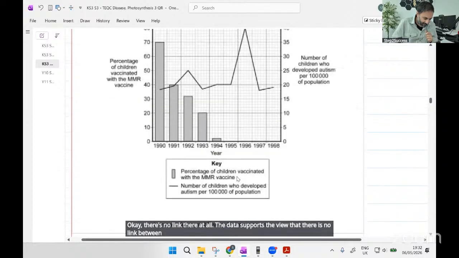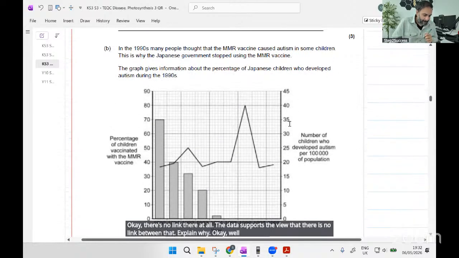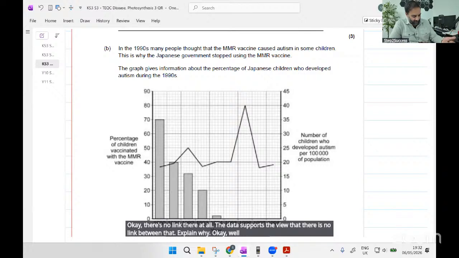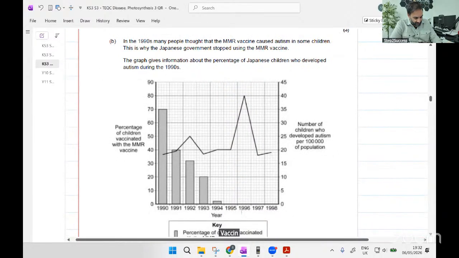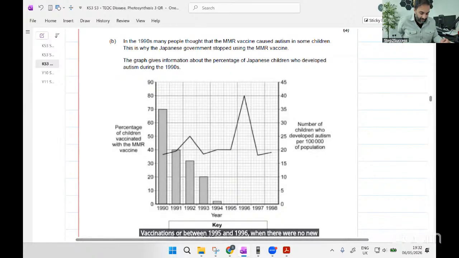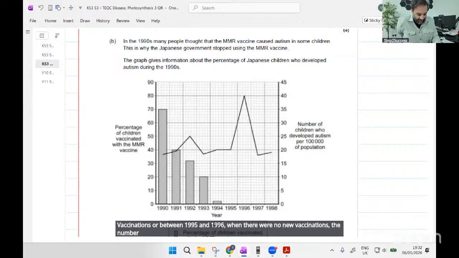Explain why. The easiest point here is that in roughly 1996, or between 1995 and 1996, when there were no new vaccinations, the number of children who developed autism increased significantly.